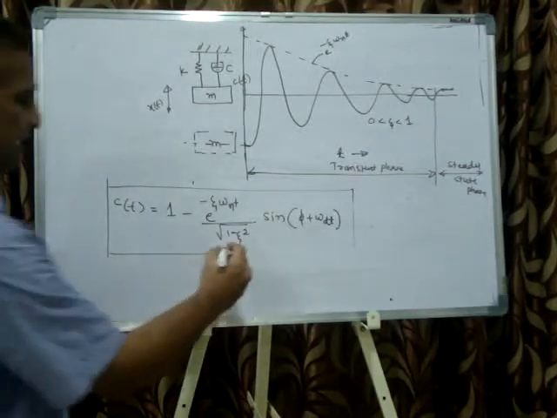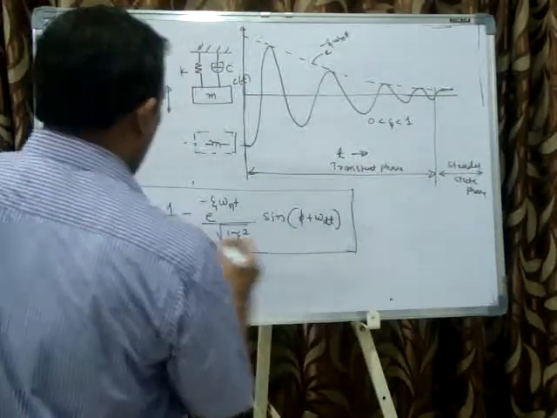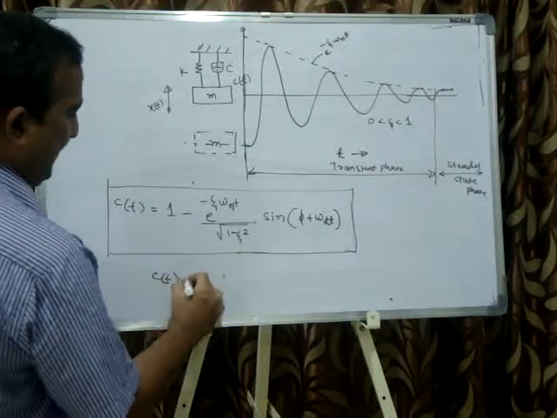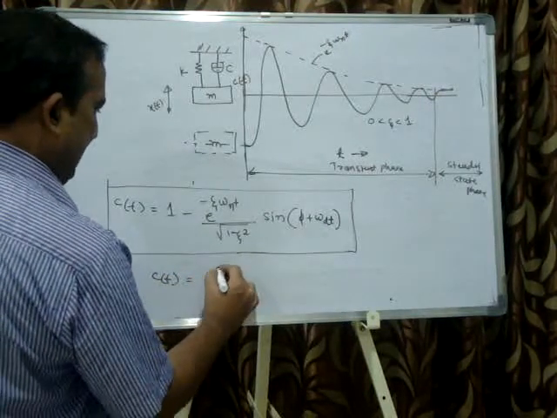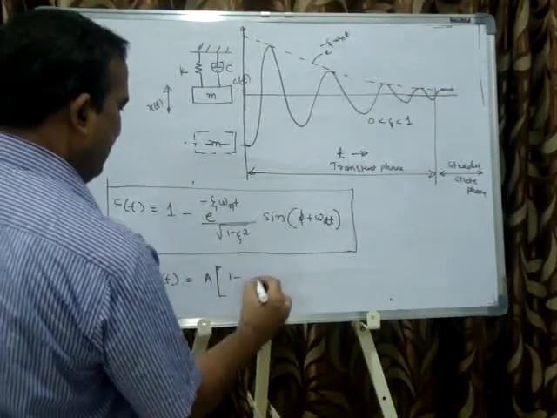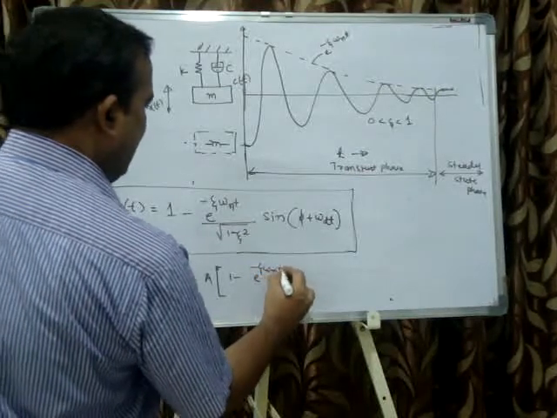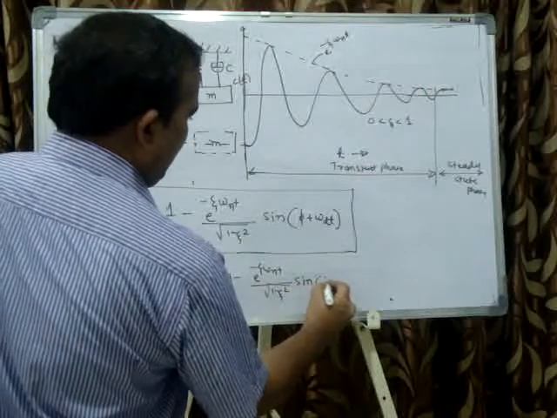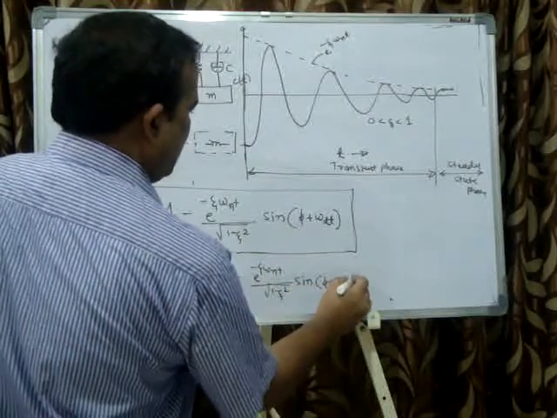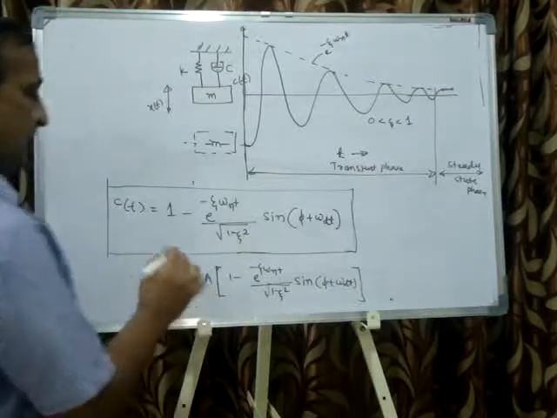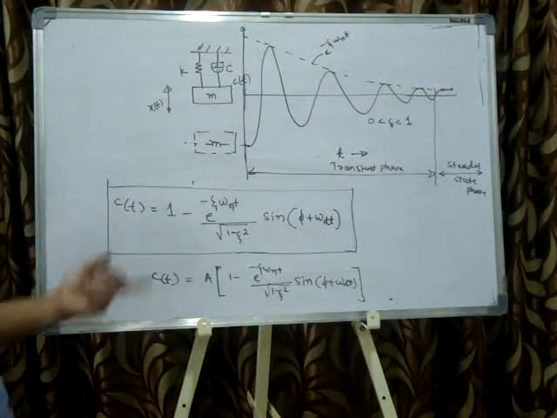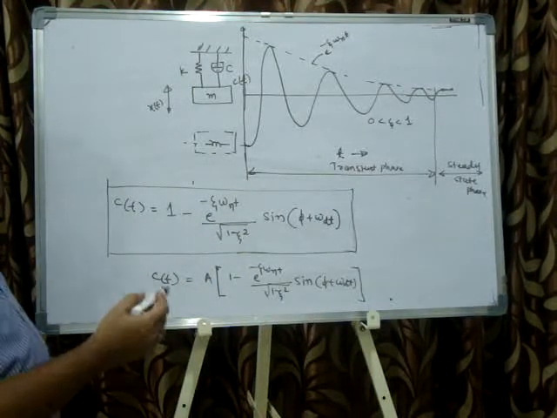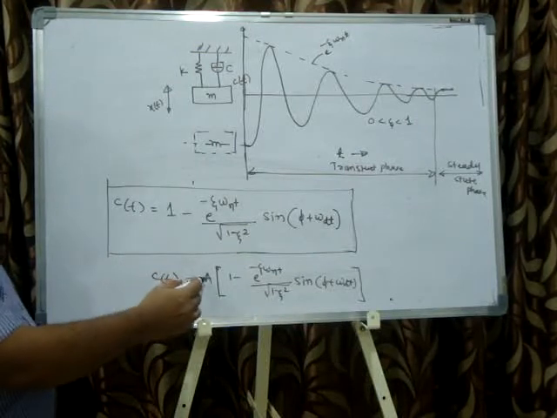Suppose it is a step input with some magnitude A, then you just multiply by A into bracket 1 minus e raised to minus zeta omega n t divided by root of 1 minus zeta square, sin(omega d t plus phi). If instead of a unit step it is a step input with a magnitude of 10, you just multiply the same equation by it.